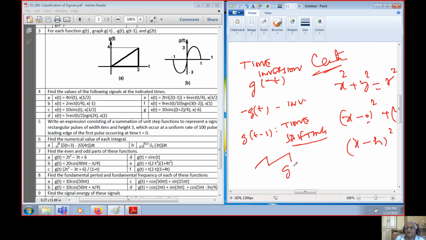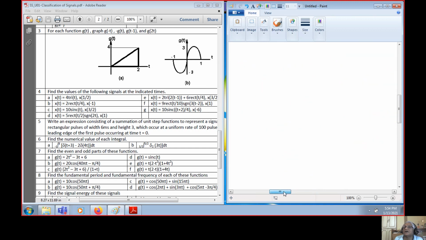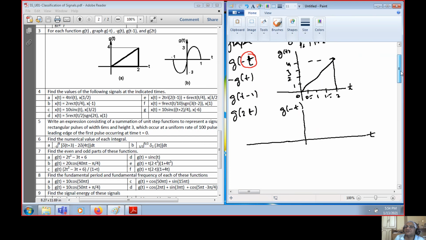Then g of 2t. Here, you try to plot it and you will see something very funny where the size of the graph will be changing.